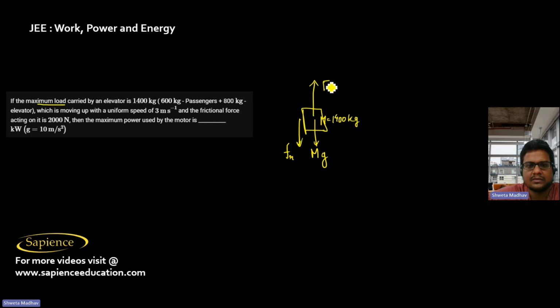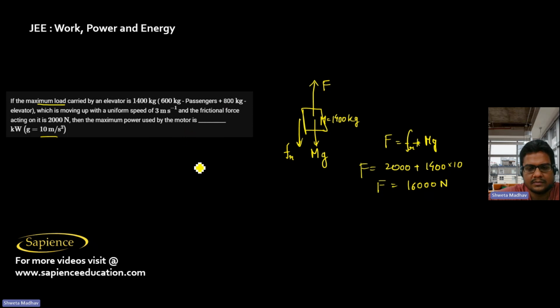Therefore the net force applied by the motor is the frictional force plus the weight. g we have to use as 10. So F will be equal to 2000 plus 1400 into 10. This will be 14,000 plus 2000, that is 16,000 Newton. So 16,000 Newton is the force applied by the motor.